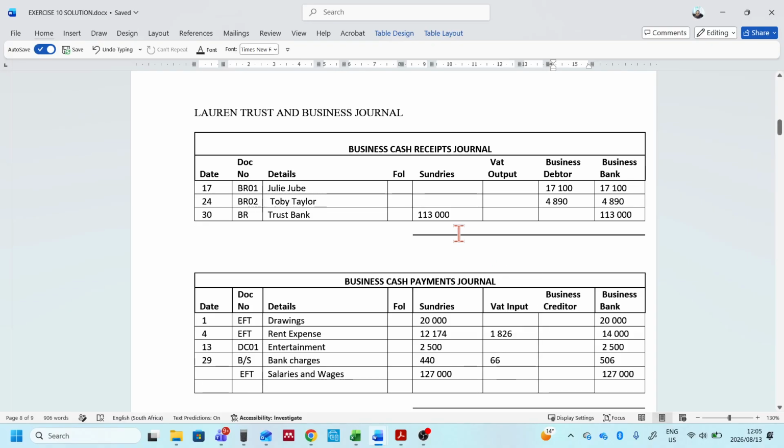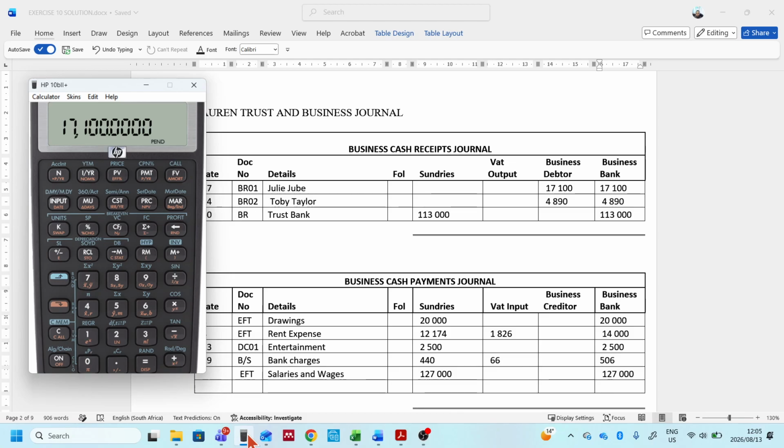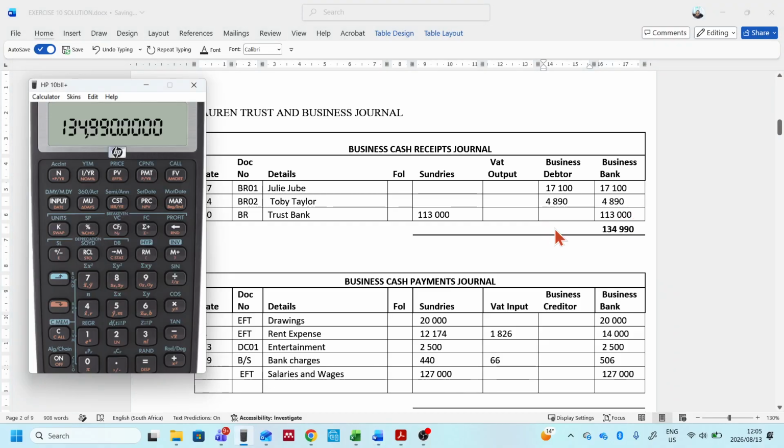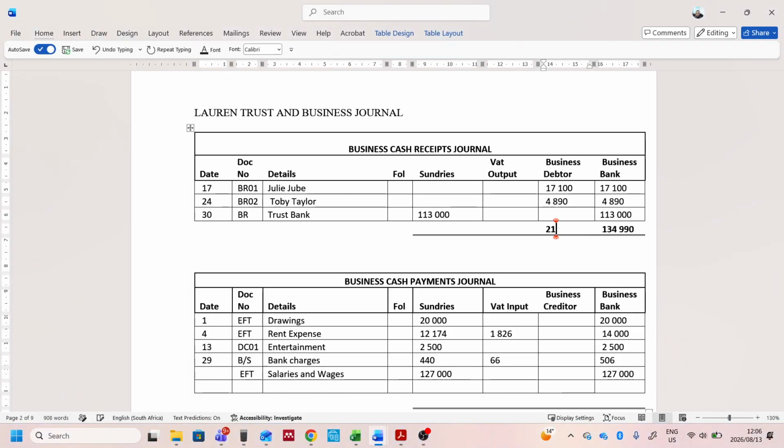So over here, what is our total receipts? 134,990. Business debtor, 21,900, 990.